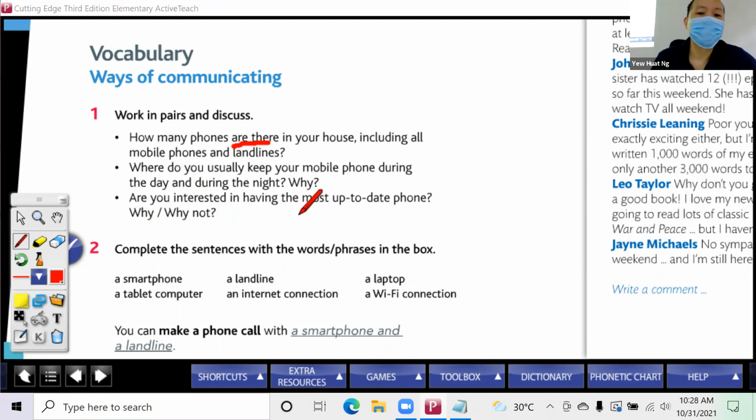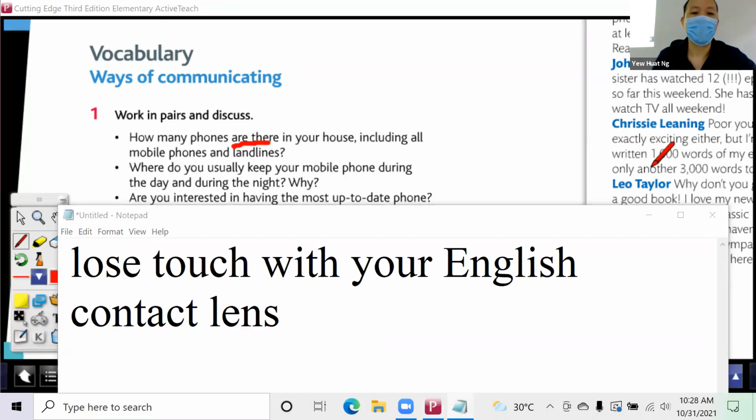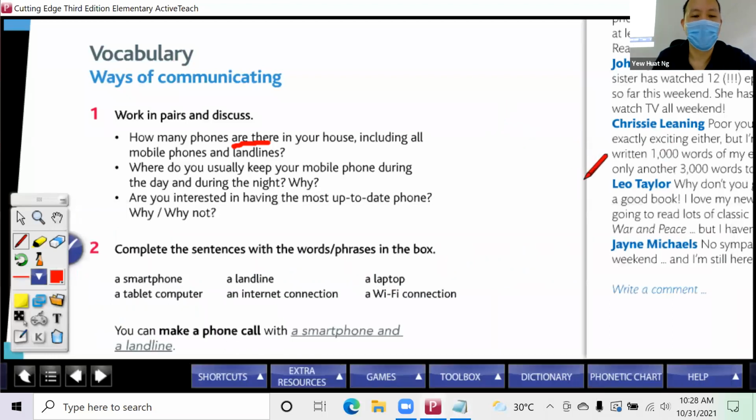So where do you usually keep your mobile phone during the day and during the night? Why? So it's for work.